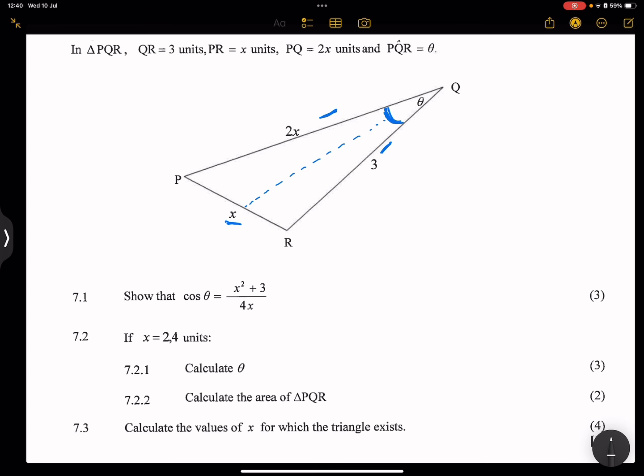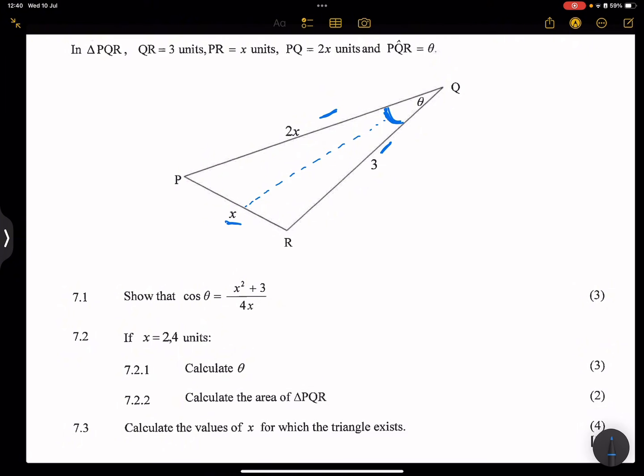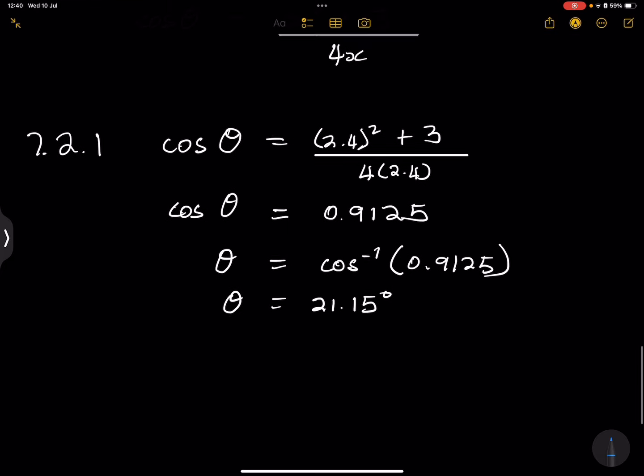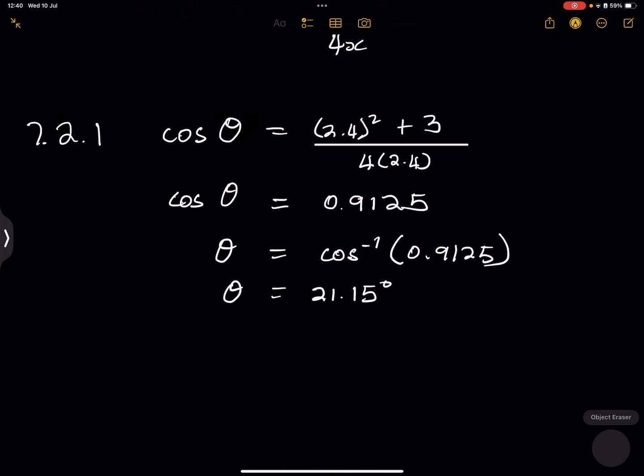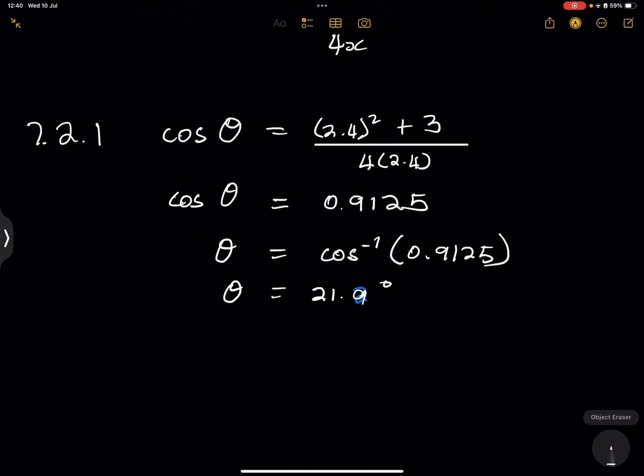So now that we know our angle is 21, okay, in fact, let's also keep that to 1 decimal. So let's say this will be 21.2. Okay, let's change that color. So that's 21.2. So now what I'm going to do is go over to the next question.